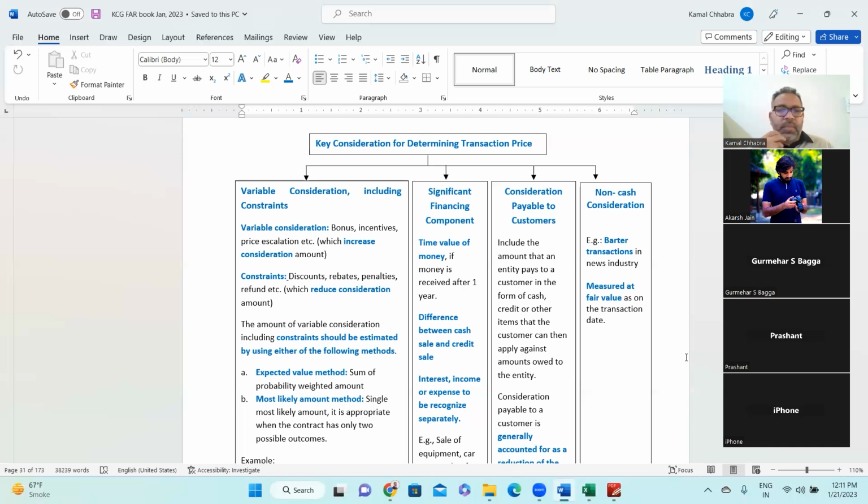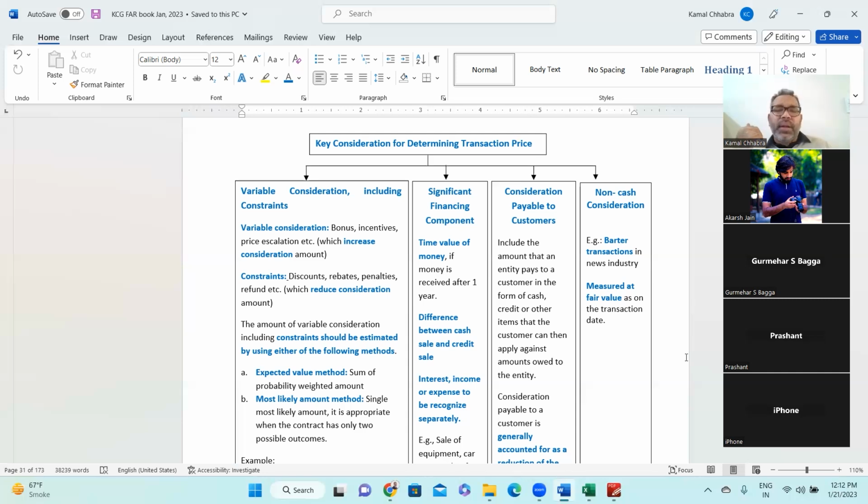So if you see over here, what is variable consideration? Any bonus, incentive, price escalation, right? For example, if you remember the construction contract, originally we entered into a 4-story building, and luckily we got approval for the 5th story, and now we are giving additional scope and additional work and additional price, right?